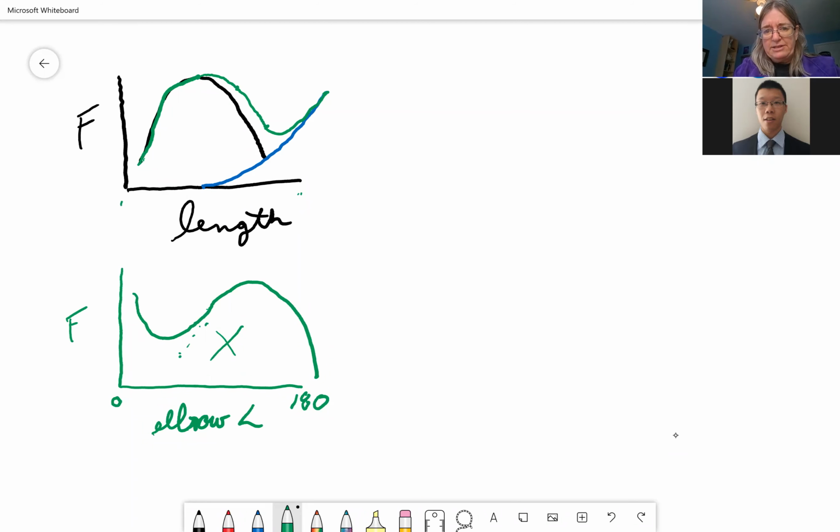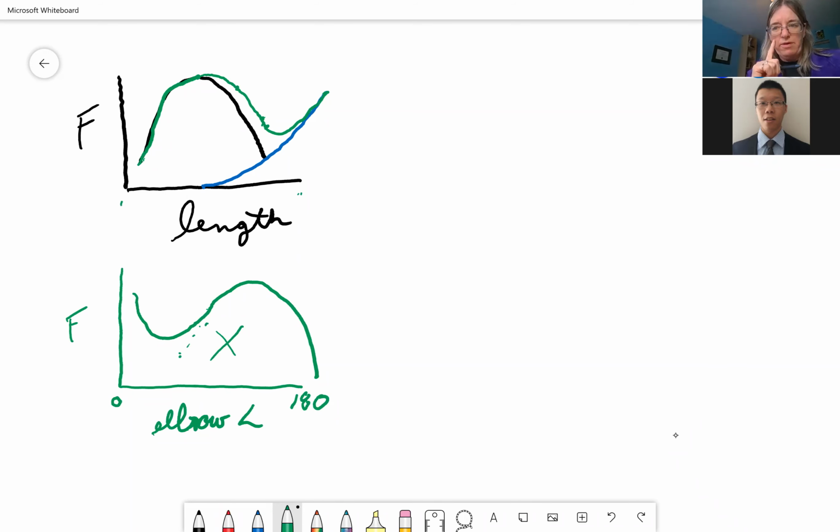So this is basically this green line here, but backwards, because at 0, if I'm classing this as 0 being completely straight, then it would look like this. If I called this 180 and this 0, then it would look the same as here. Okay, does that part make sense?